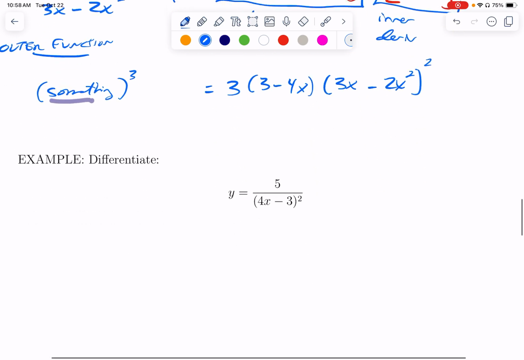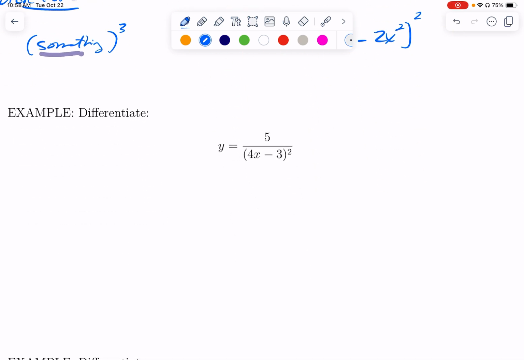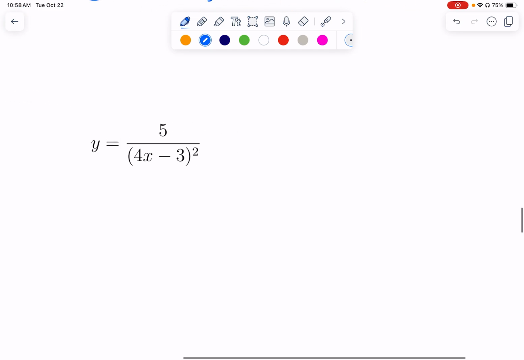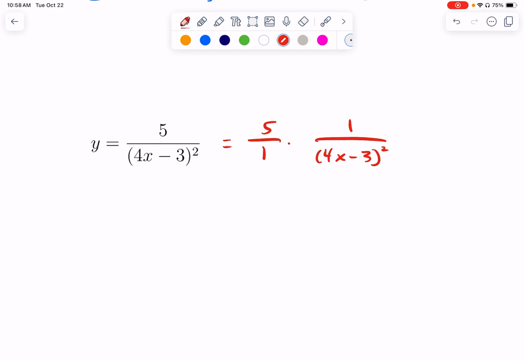Let's look at another example. Now this one might feel like a quotient rule problem. Here's what we want to do. We want to look at fractions sometimes, and if the numerator is just a number, before we do any calculus, let's try to break it up. We did this before. Let's try to separate the number part from the function part. So I'm going to think of this as 5 times 1 times 1 over 4x minus 3 squared.